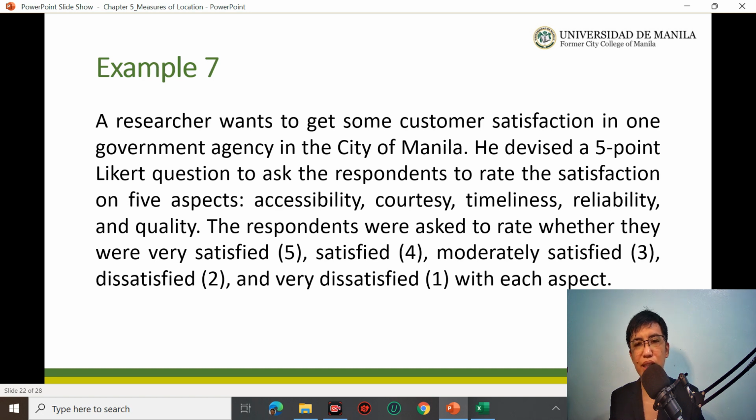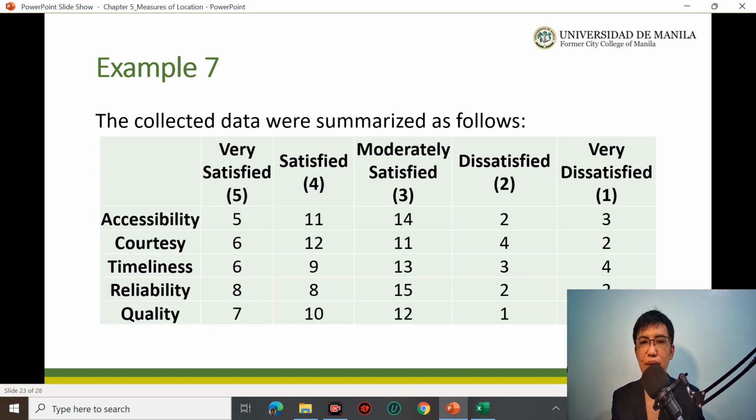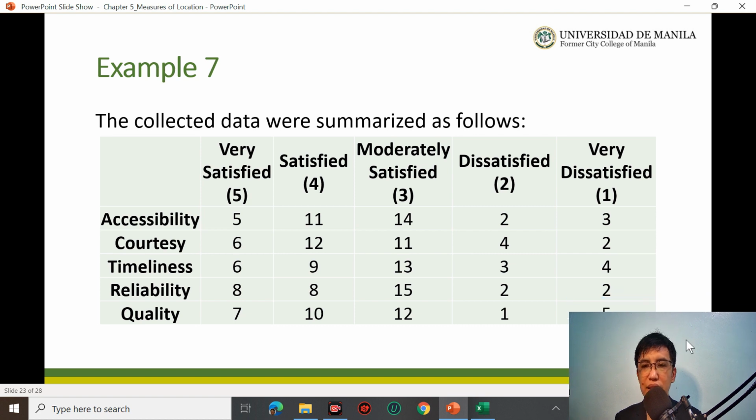The respondents were asked to rate whether they were very satisfied, which is 5, satisfied, which is 4, moderately satisfied, which is 3, dissatisfied, which is 2, and very dissatisfied, which is 1, with each aspect. And the collected data were summarized as follows.